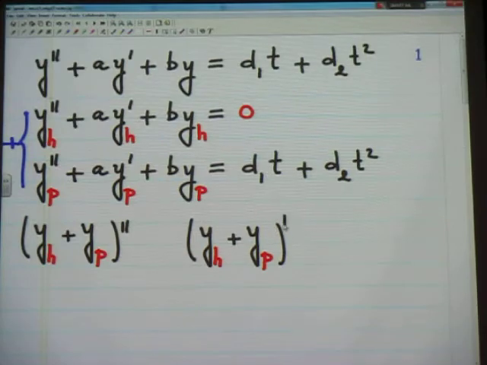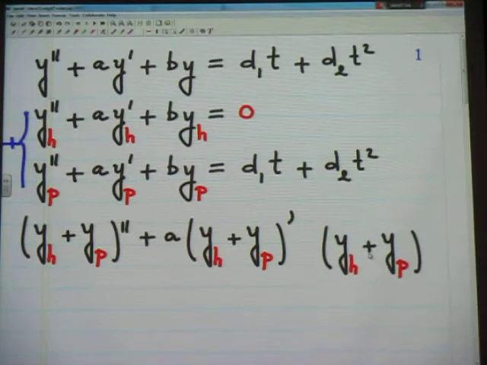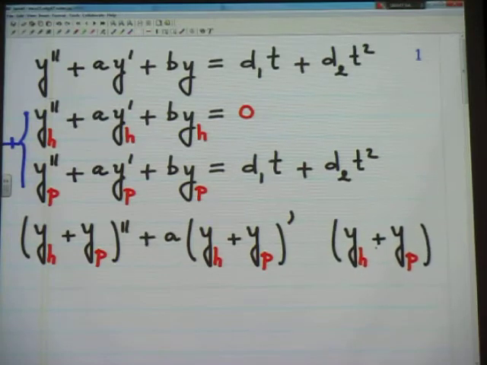So this is the prime here. Perhaps it's better to make it clear. And so plus A, and then plus the same term, but without taking the derivative, and plus B, right?